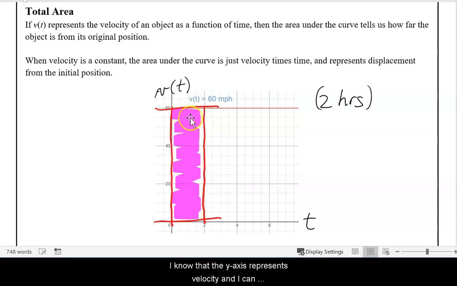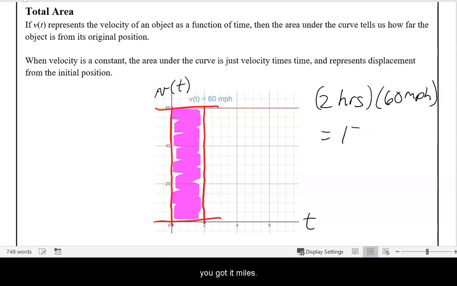I know that the y-axis represents velocity, and I can see here that it's 60 miles per hour, a constant velocity function. So the height of my rectangle must represent 60 miles per hour. If I multiply miles per hour by hours, I should end up with, you got it, miles. This gives me 120 miles.